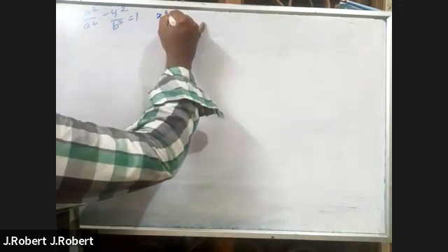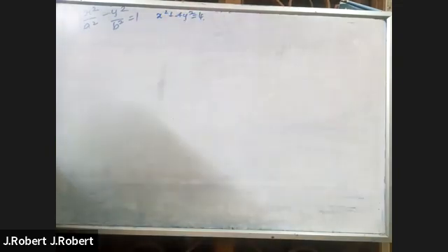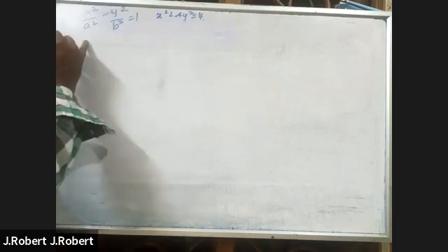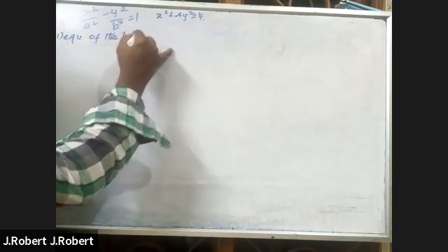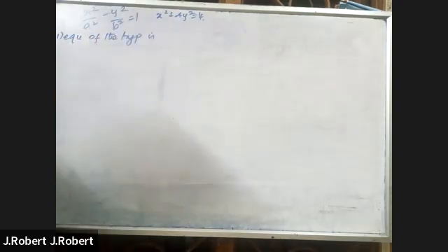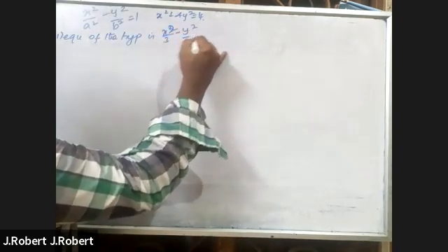The ellipse is x square plus 4y square equals 4. If the hyperbola passes through a focus of the ellipse, then take down the options. Option one: the equation of the hyperbola is x square by 3 minus y square by 2 equals 1.